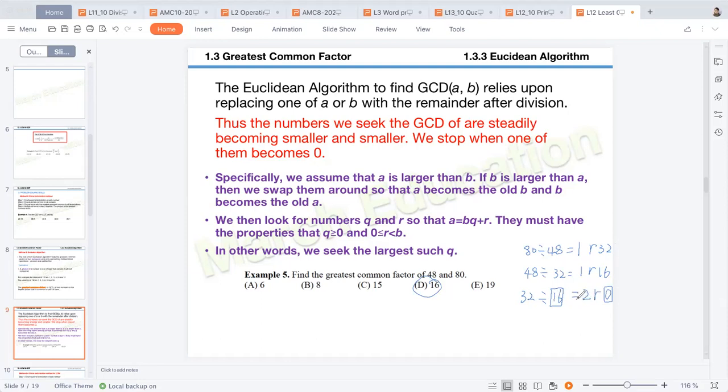So I know at this moment the divider is the greatest common factor. Okay. This method is very useful for large numbers.